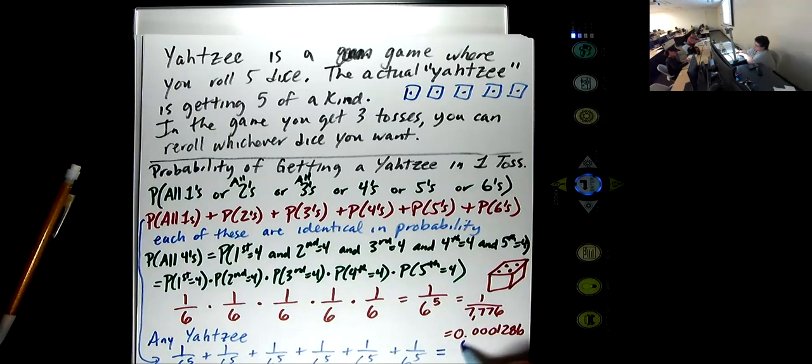This is 6 over 6 to the 5th power, which is really just 1 over 6 to the 4th power. The odds don't get a lot better.